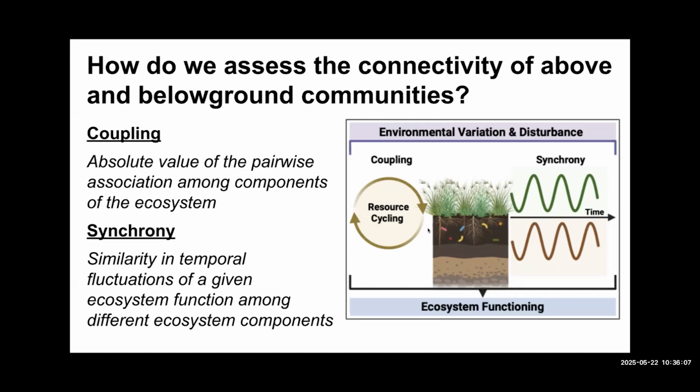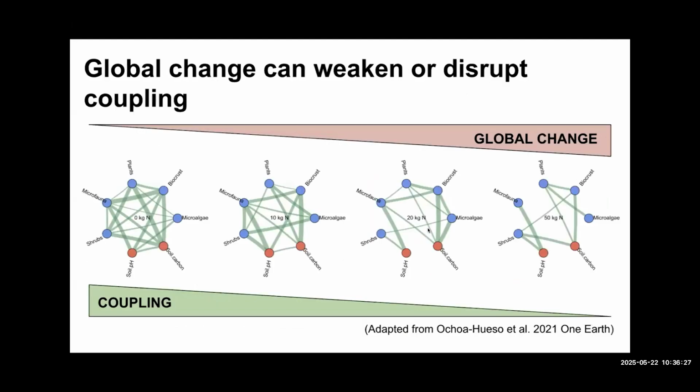And the other concept is synchrony, that is basically about the similarity in temporal fluctuations of these two ecosystem components related to a specific ecosystem function. And because of that, it inherently has a temporal component, so it needs to be sampled or researched over a long time. Next, please.